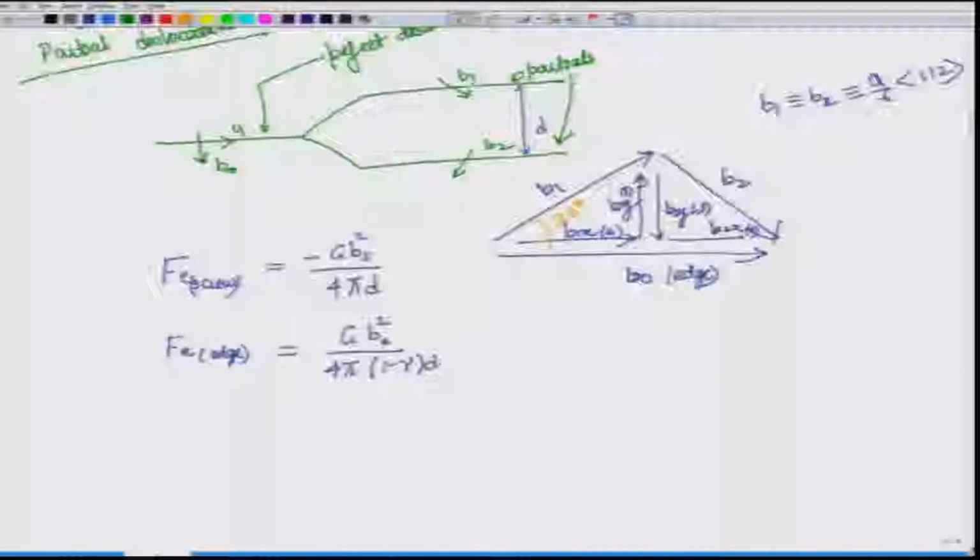So, the Burgers vector for the edge dislocation would be cos 30 of this. Let us call this B1. So, B edge is equal to B1 cos 30. Similarly, the Burgers vector for the screw dislocation would become B2 sin 30.